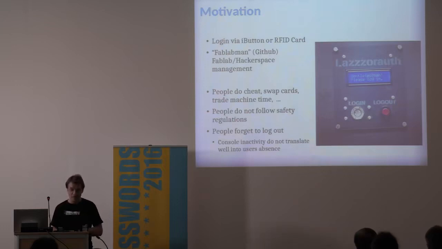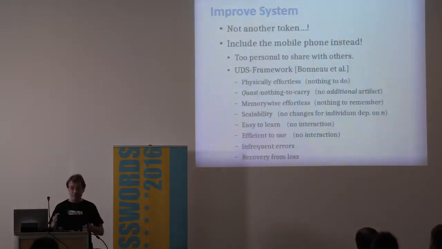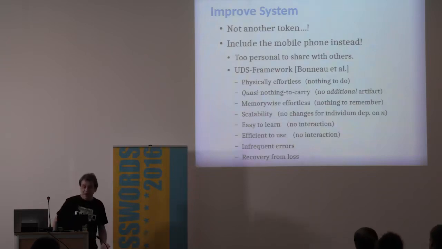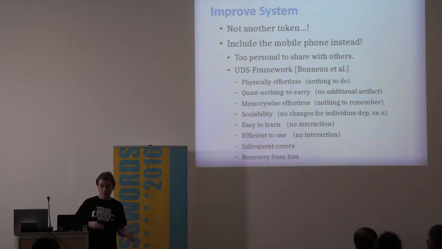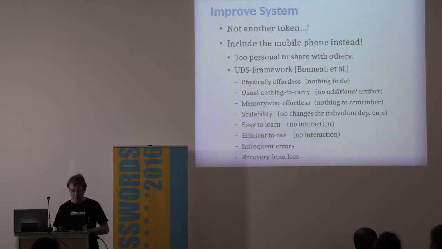So we wanted to somehow improve the system, and we're looking at different ways and exploring different things. And it would be nice to somehow not have another token. Maybe we can use somehow the mobile phone. And mobile phone would have many different advantages.